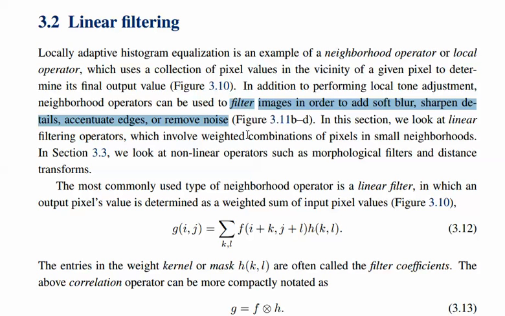Let's go into the examples that are listed on figure 3.11, the examples from B to D. Part A of 3.11 is going to be the original image, and then we're going to have examples of how we blur, sharpen, and accentuate.